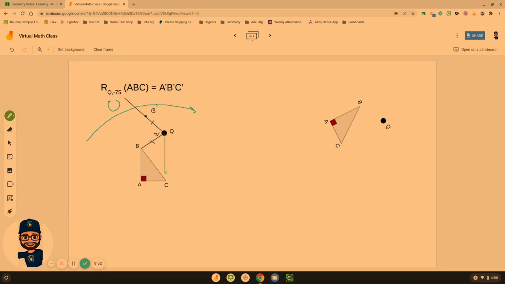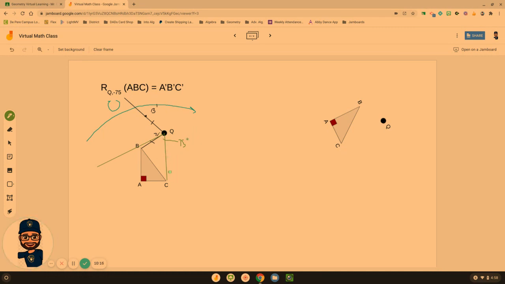Create a segment. Create this segment, and it's going to be tricky on this computer program. All right, so there's my segment, and then I need to create from that segment something that's roughly 75 degrees. All right, so I'm going to label that over here, and say that was 75 degrees.